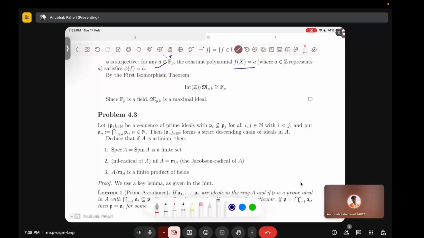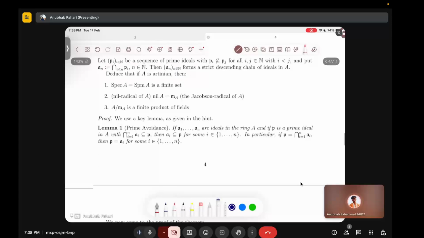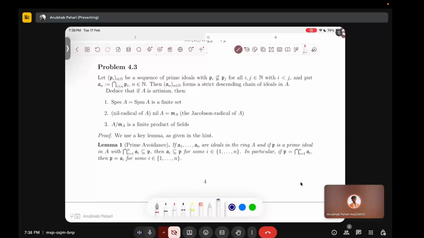Then An forms a strict descending chain of ideals in A. And deduce that if A is Artinian, that means all descending chains of ideals are finite, then Spec A equals Spec max A, that is the set of all prime ideals equals the set of all maximal ideals, and the nilradical, that is Nil A, all the nilpotent elements of A, that means all the elements whose certain powers are 0, is the Jacobson radical of A, that is the intersection of all the maximal ideals, and A mod the Jacobson radical is a finite product of fields.